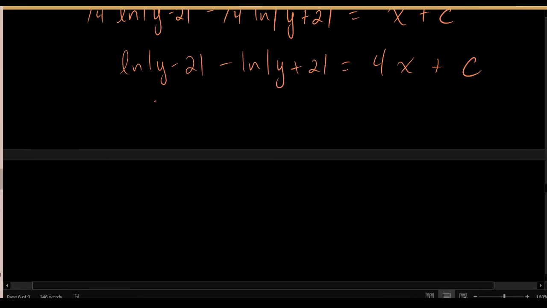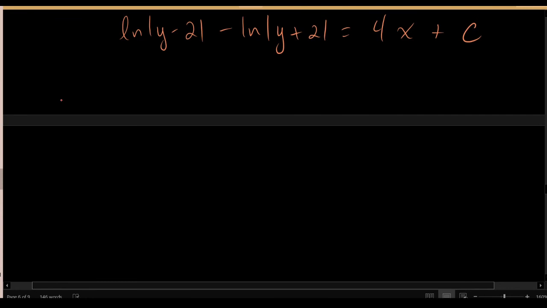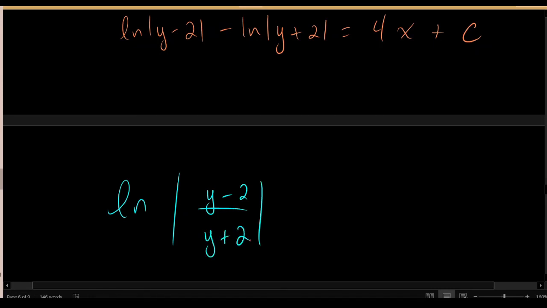Now we have natural log of y minus 2, take away natural log of y plus 2. This is a prime opportunity to combine these two logarithms. So a subtraction outside the log becomes division inside the log, and I'm looking at the natural log of the absolute value of y minus 2 divided by y plus 2.